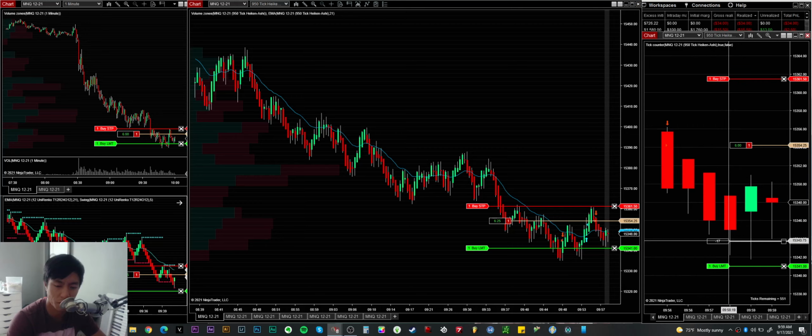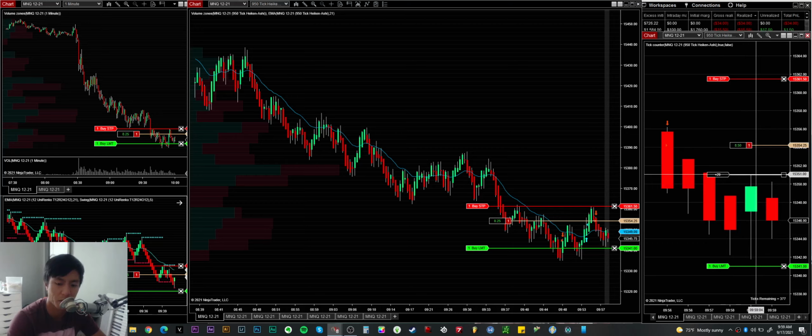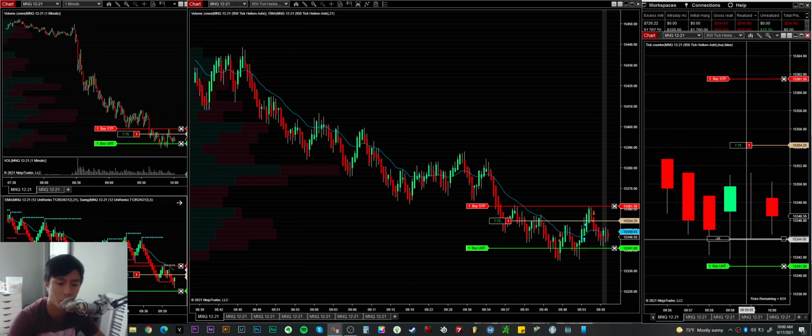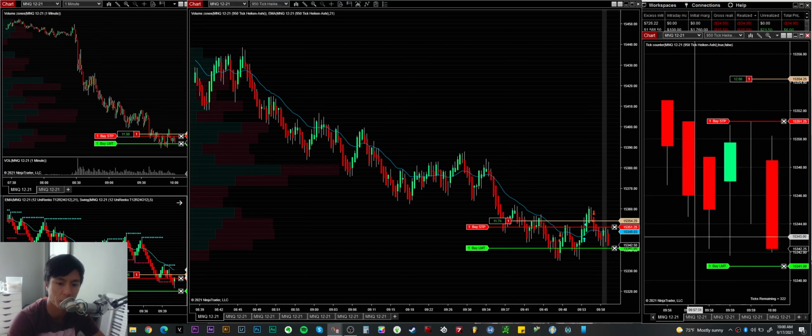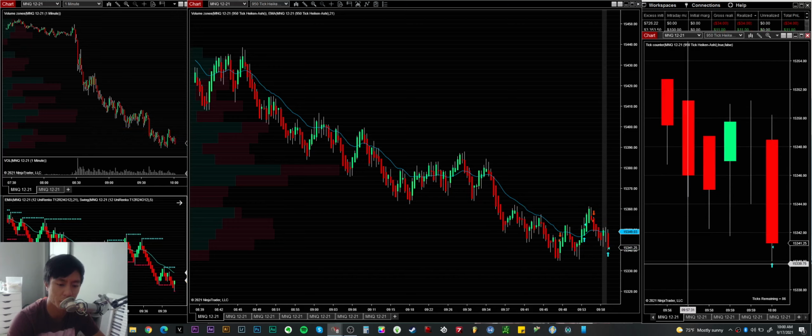If this pushes below 44, go ahead and minimize. Ooh, just couldn't break below 44 there. There it is. Alright. Let's go.